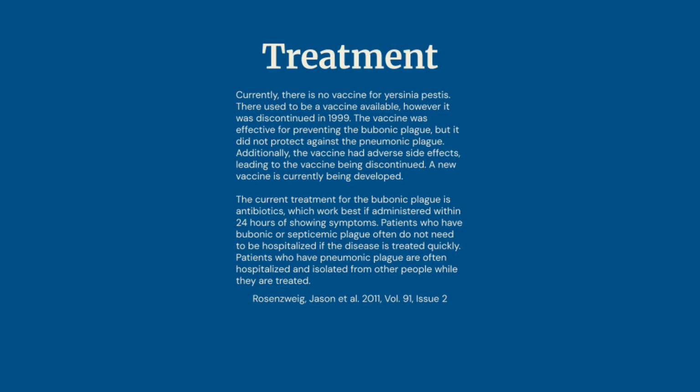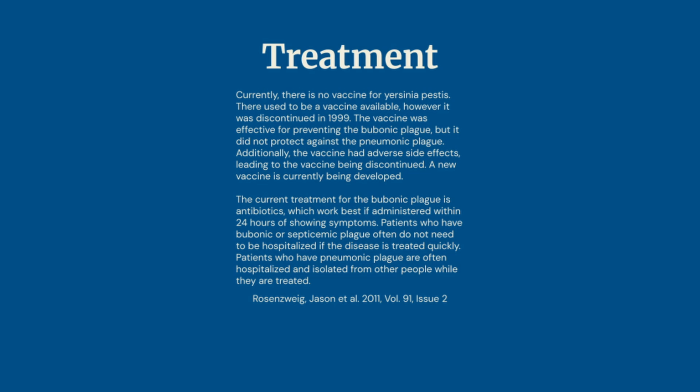All right, so currently there is no vaccine for Yersinia pestis, unfortunately. There used to be a vaccine, but it was discontinued due to it not being incredibly effective while also causing adverse side effects. They are currently working on a new vaccine, but it is not out yet. So for now, the current treatment for the bubonic plague is antibiotics, which work best if they are administered within the first 24 hours of showing symptoms.